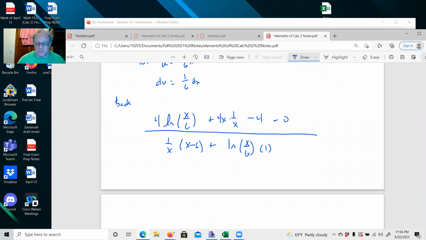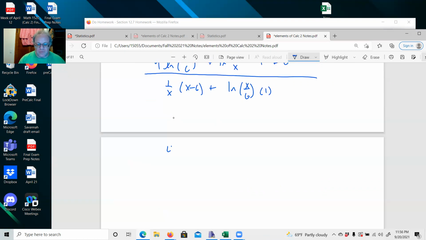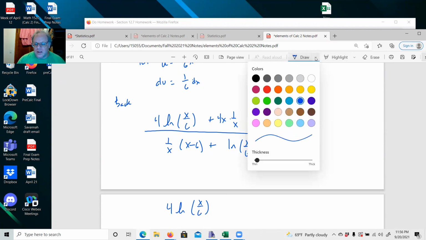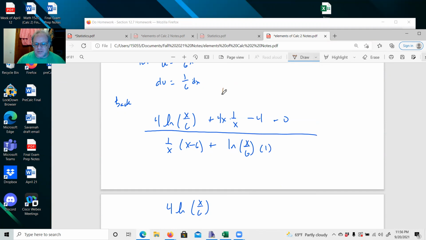Let's clean this up a little bit. We have 4 natural log x over 6, so 4 ln x over 6. And do you see that this 4 and this negative 4 are going to cancel?